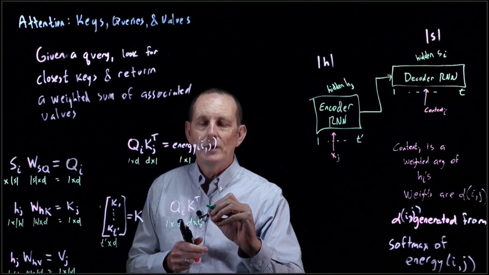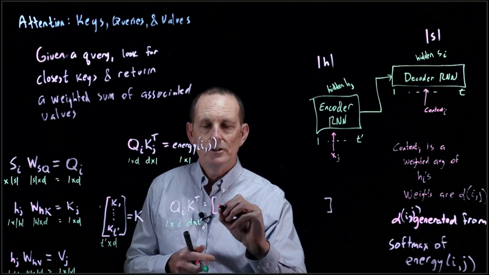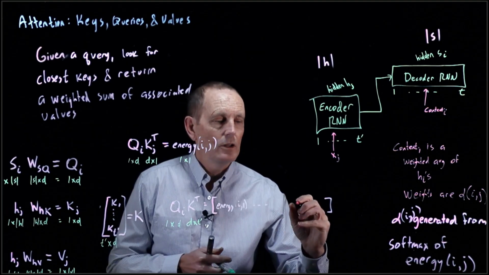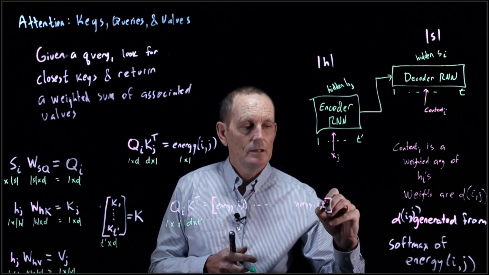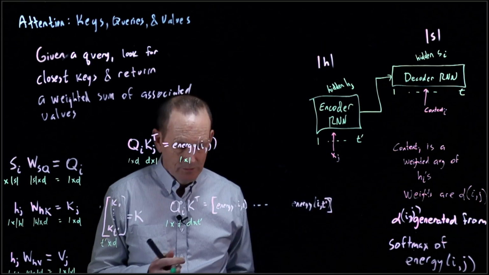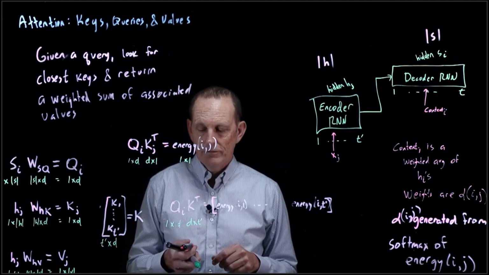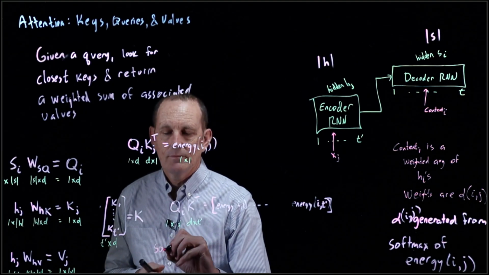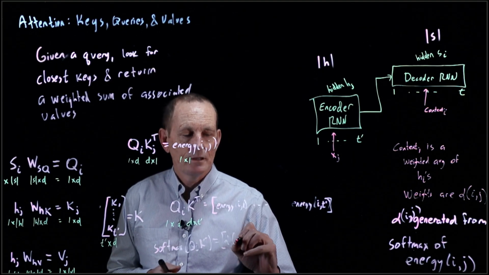So we're going to end up with energy I1 all the way to energy I T prime. So we've got all of those energies in a single matrix multiply. If we now go ahead and do a softmax, then we have all of our alphas.